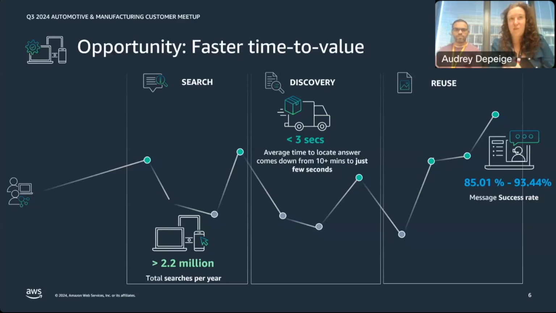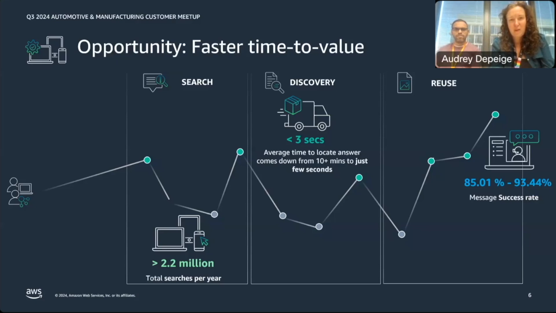That's what you can see on the reuse part of the slide, so that they don't have to lose time trying to search multiple times. I also added an example on the slide: for one of the use cases we covered, we went from several minutes for a simple query to just under 3 seconds to get them to the specific information they needed. So that's our goal.